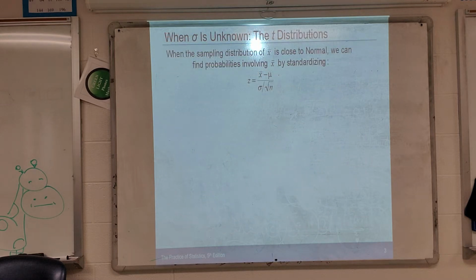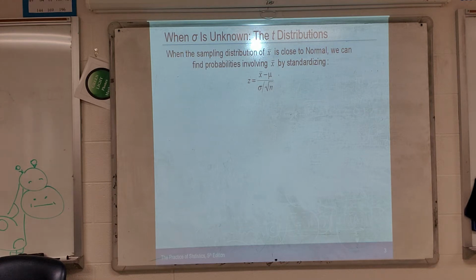All right, so when the sampling distribution of x bar, the sample mean, is close to normal, we can find probabilities involving x bar by standardizing. That means we make them a z-value. We take x bar minus mu divided by sigma divided by the square root of n. Why is it sigma divided by the square root of n?